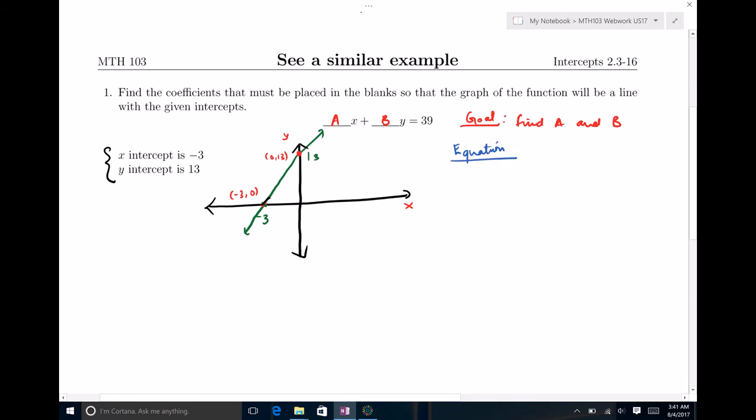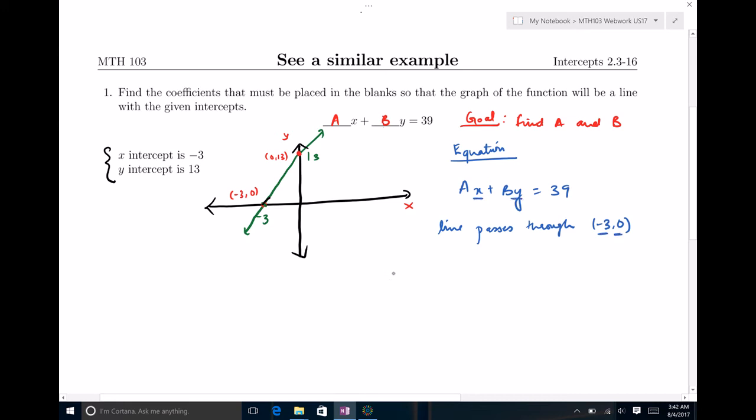Now we said that the equation of this line is ax plus by equals 39. Since this line passes through the point (-3, 0), I should be able to plug in -3 and 0 in place of x and y, and this equation would make sense.